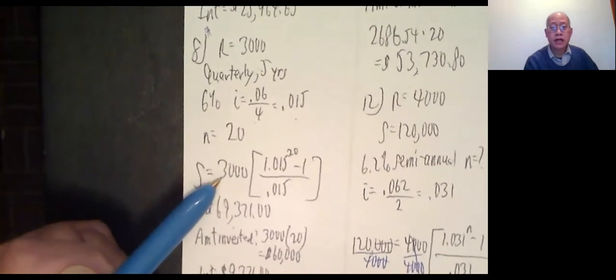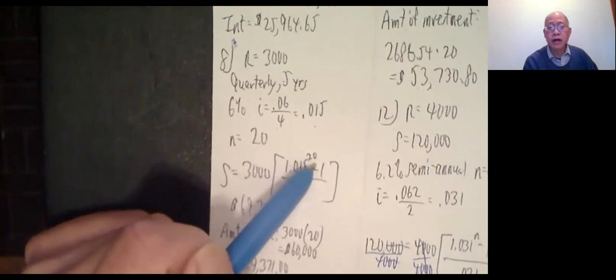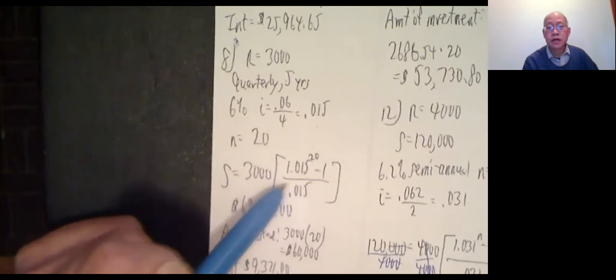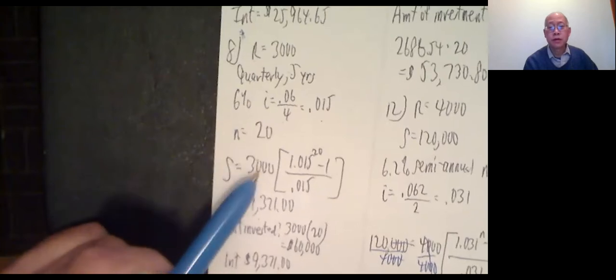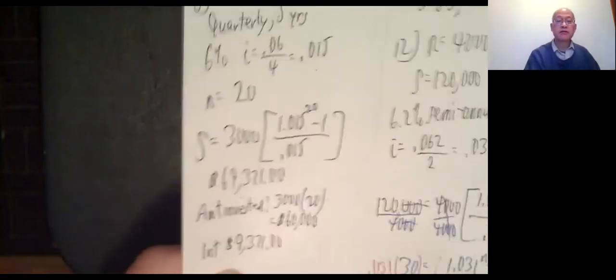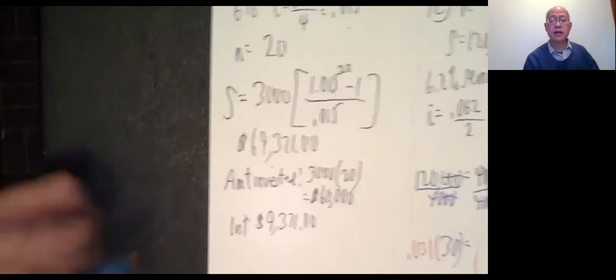All right, so I'm depositing $3,000 every quarter, and now I throw it into the formula. So 1 plus I is 1.015 to the 20th power minus 1 divided by 0.015. And I'll raise it up for focusing purposes. $69,371 it looks like.